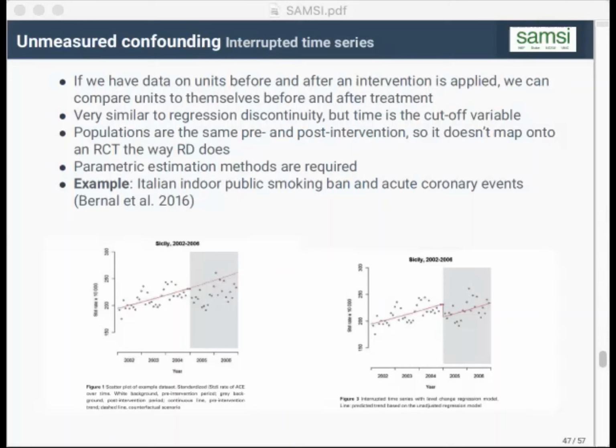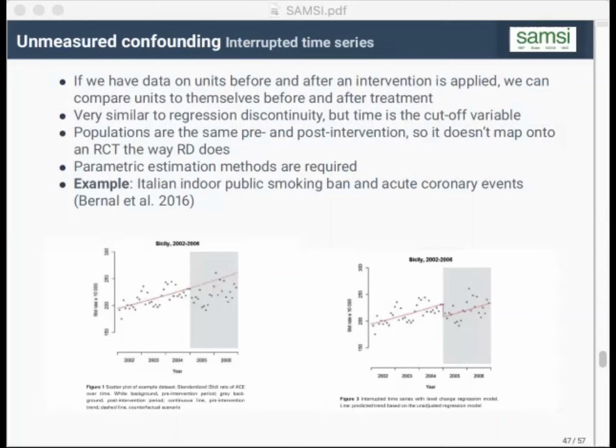The example in these graphs here is from an indoor public smoking ban that was implemented in 2005 in Sicily. And on the y-axis, we're looking at acute coronary events.